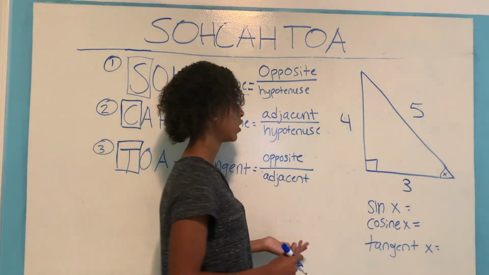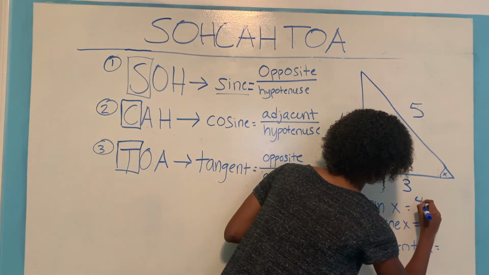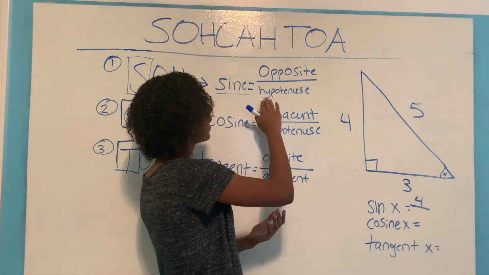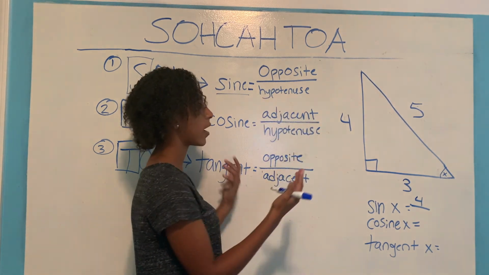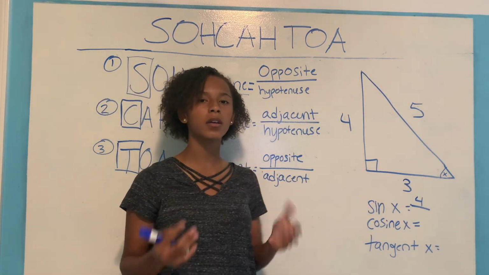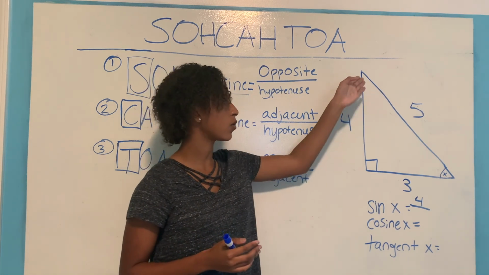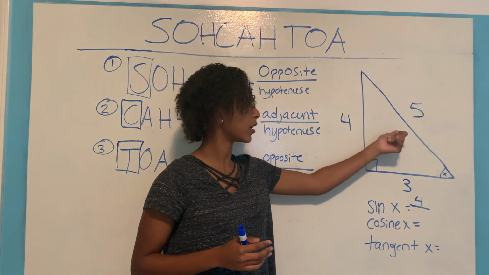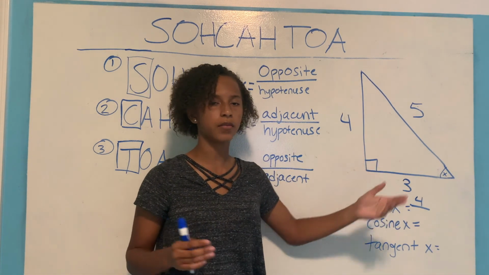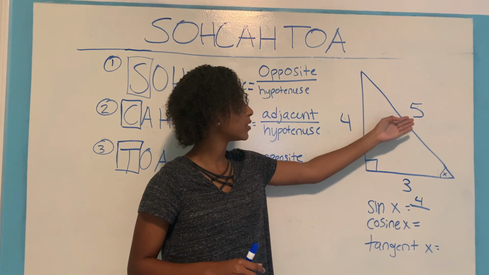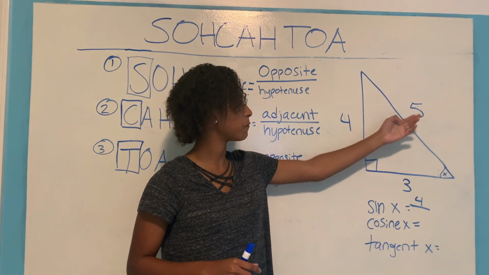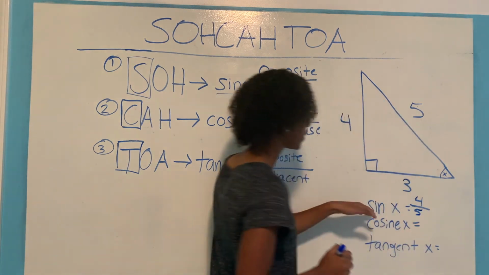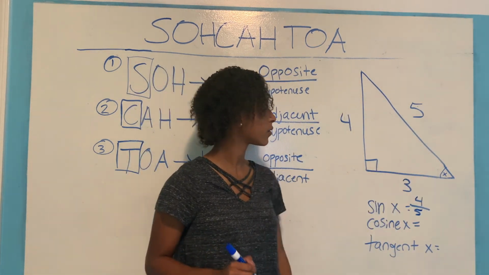Then you do it with the hypotenuse, which is the longest side of the triangle, the really slanted one, and in this example it's 5. So you would just do 4 over 5 is the sine of angle x.